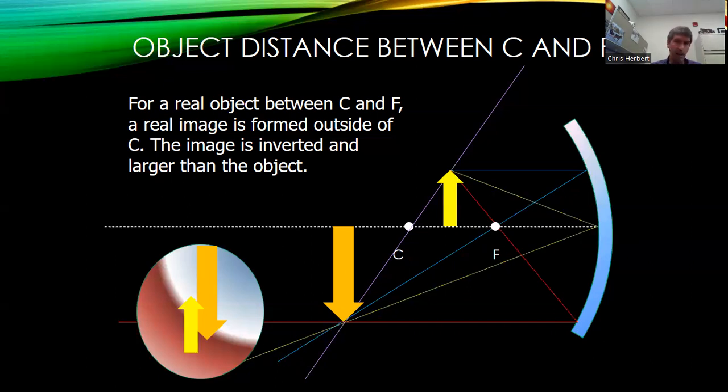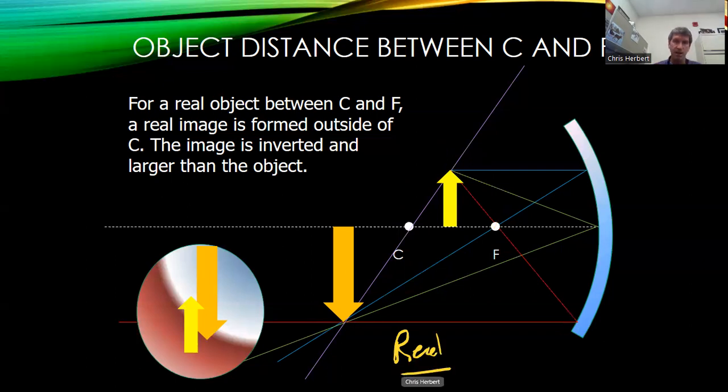Okay? Now, notice what's happened. As I move the object closer and closer, this is the object right here. I'm using the wrong tool here, but this is the object. The image is now bigger. It's still inverted, but it's now bigger. In all these cases, it's also still real.